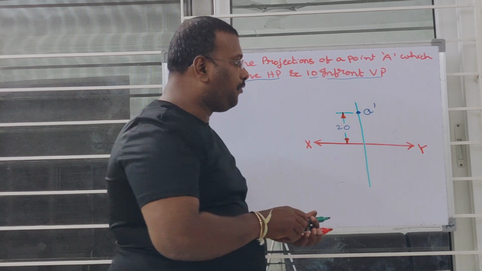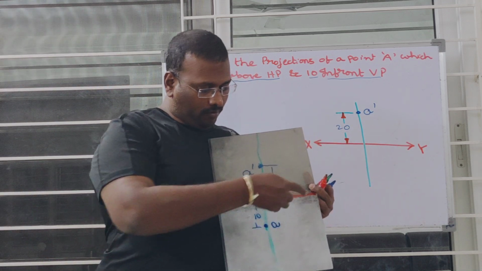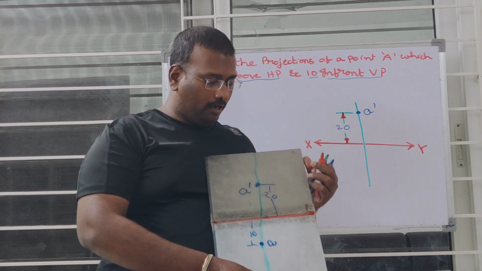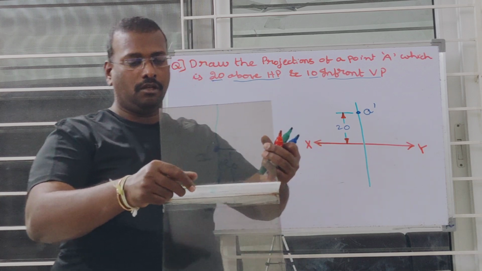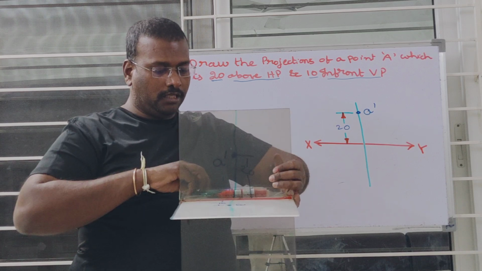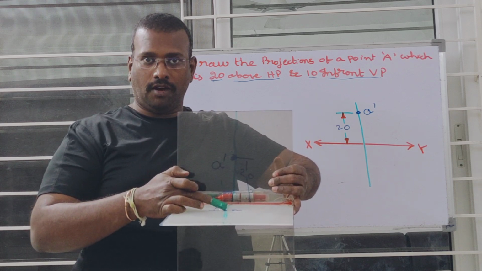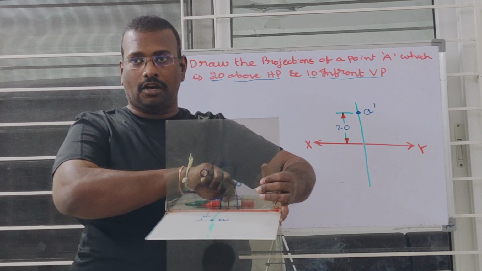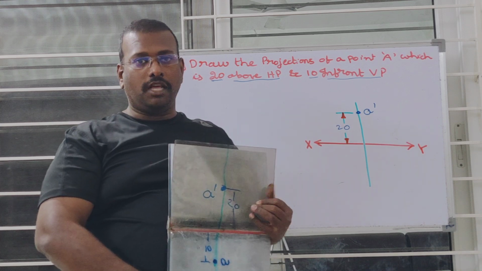Now, what about the top view? Where are we going to get the top view? The top view is obtained from the reference line, 10 in front. 10 in front is nothing but below. All of you observe, my dear friends, once again I am showing. This particular point is 10 in front. Once the shadow falls here from this XY line, it will fall at a distance of 10. So after rotating, this 10 will move below the XY line.